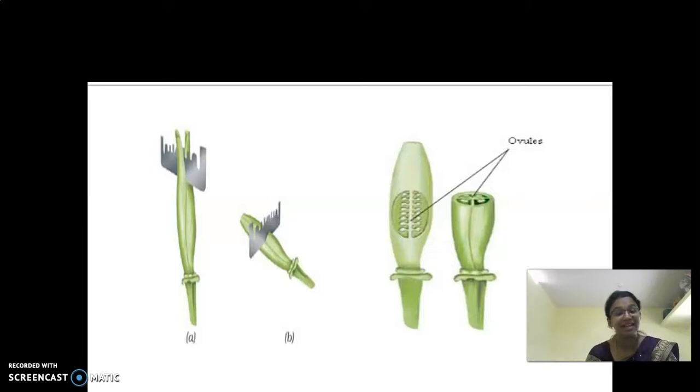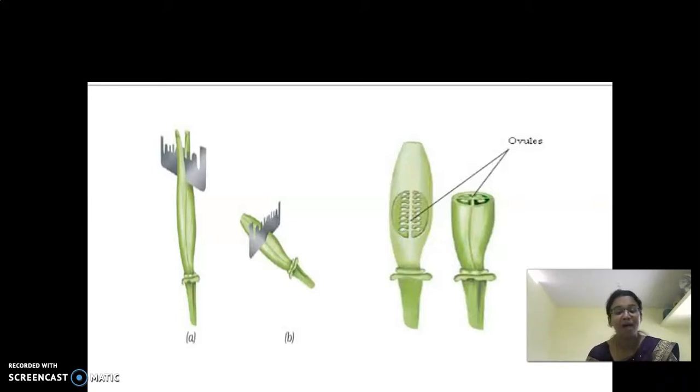And the second thing is leaves help in the process of photosynthesis and then transpiration. The third thing is, what is it? Roots. Helps in absorbing water and minerals from the soil, helps in fixing the plant to the soil and then stores the food. The last thing is flowers.